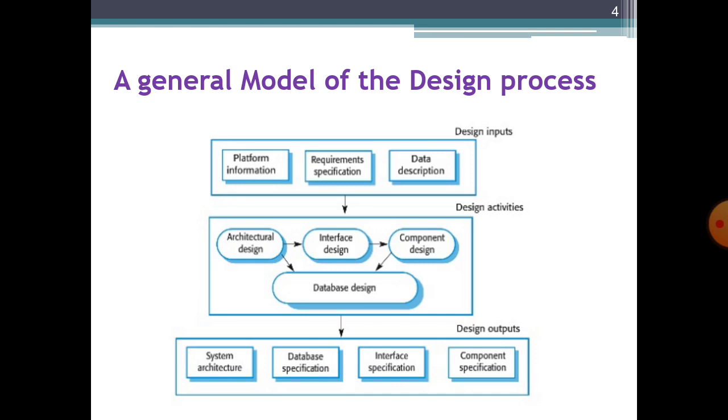As you can see, we have design inputs, from which we perform certain design activities, and from which we get certain design outputs. Students, this diagram appears to show that the stages of the design process are sequential. In fact, these design process activities are interleaved. So feedback from one stage to another and consequent design rework is inevitable in all design processes.